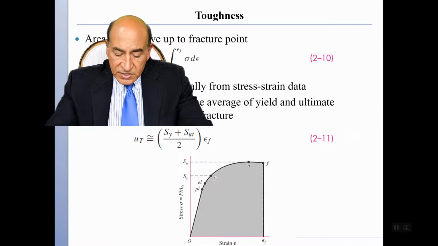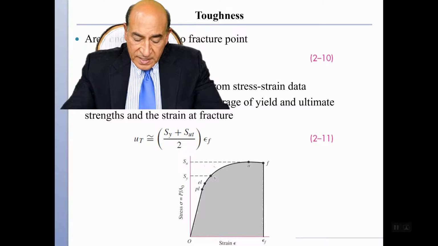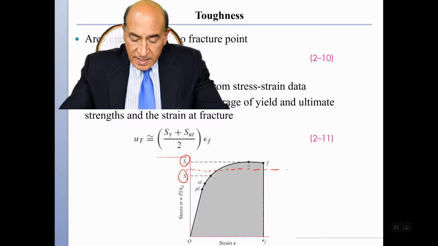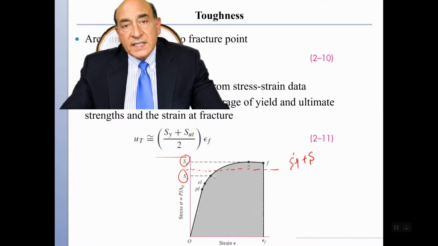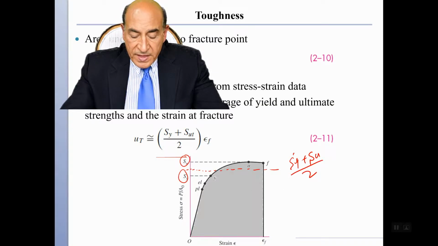And the approximation is to take an average value of the stress between the ultimate and the yield. So this average value is S yield plus S ultimate over 2. If I take that average value, then I can compensate for the area above the average and calculate the area of this rectangle.